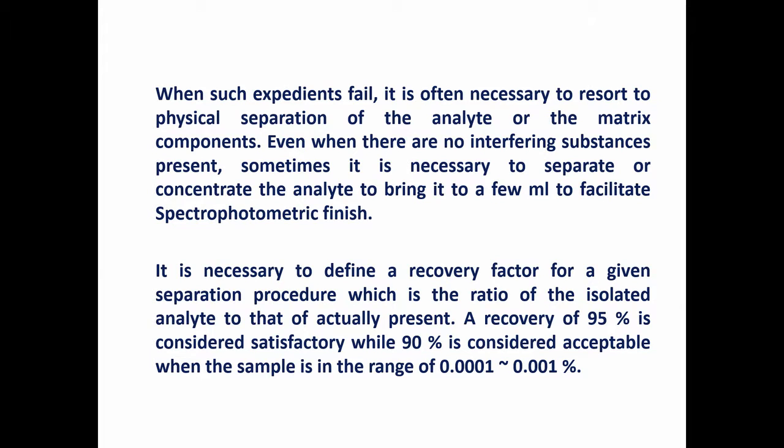That means 1 ppm to 10 ppm level. If you get 90% recovery, we consider it as a fairly clean method. There is no problem with the analysis. But suppose you get 50%, then that means it makes a lot of difference. We have to think why we are getting only 50% when the satisfactory method is around 90%.